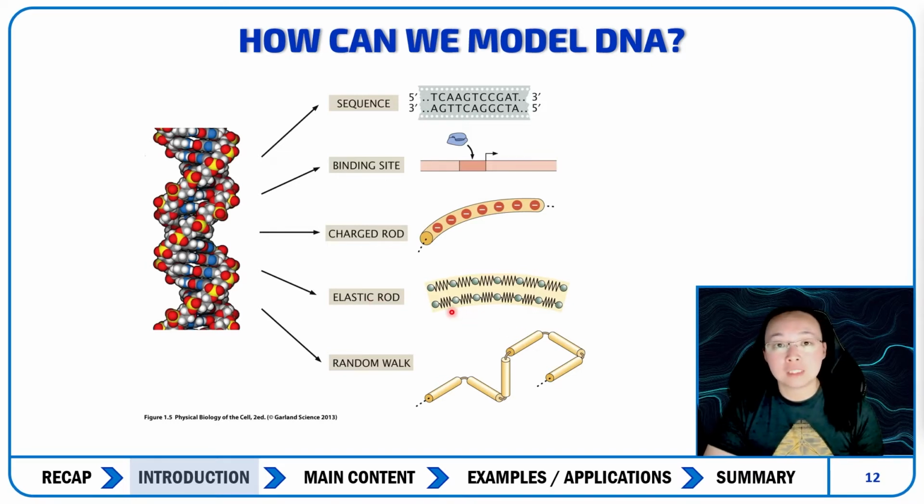We can also model DNA as an elastic rod through a worm-like chain model. The worm-like chain model is based off of a random walk model, and we can also assume that each of those persistent lengths is a spring. So we can look at molecular springs and random walk models, depending on the size of DNA we have, to see if they can tell us how much DNA can bend, as well as how much it can stretch.